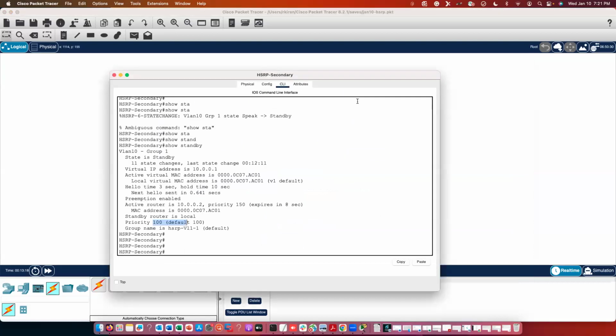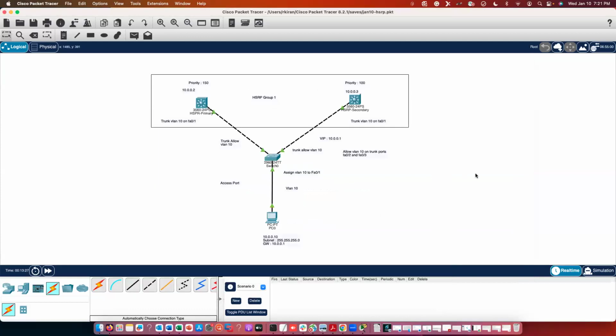Here, the HSRP secondary switch got the priority as 100 and the state is standby. So now what we have to test is if FA0/1 goes down, the primary switch has no reachability for this PC.